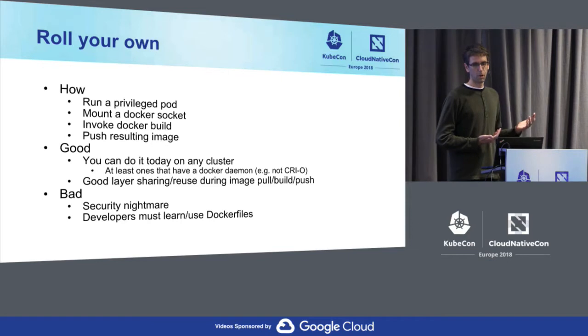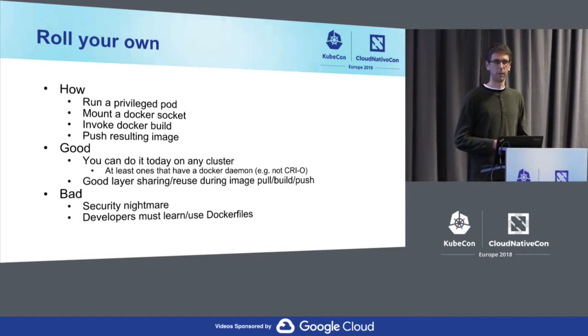So what's good? Well, you can do that today on any cluster. It doesn't require anything you don't have out of the box, as long as you have a Docker daemon available. So with things like CRI-O, you might be starting to run clusters where you don't have a Docker daemon on your host nodes, and so that's an immediate limitation as far as using this approach.